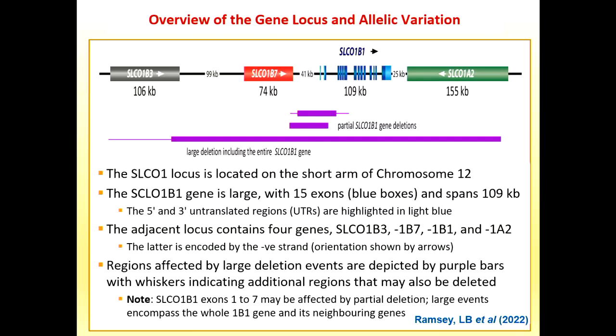Some people have a deletion of the entire 1B1 gene, they don't have it at all, and they also lose 1B7 as well as much of SLCO1A2. And then there are also people with inherited partial gene deletions which just truncate the 1B1 gene partially, so you have half of it, but it's still usually functionally compromised.